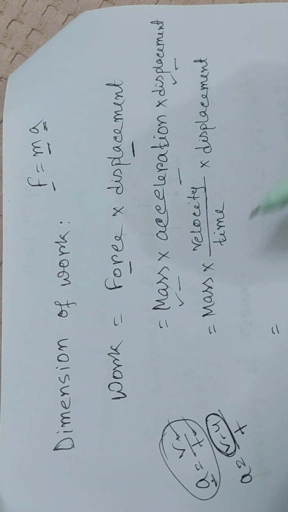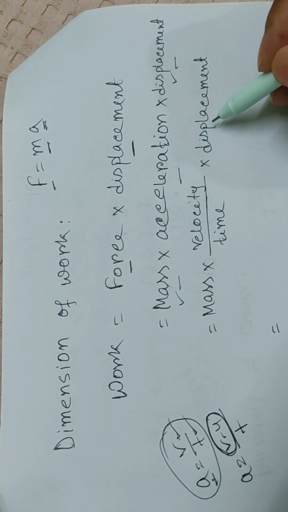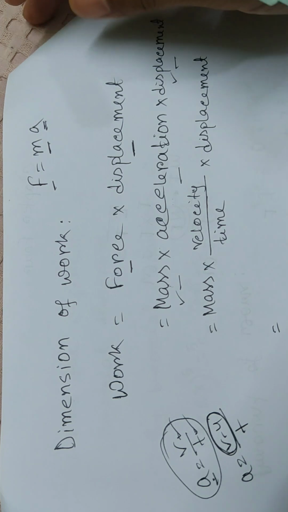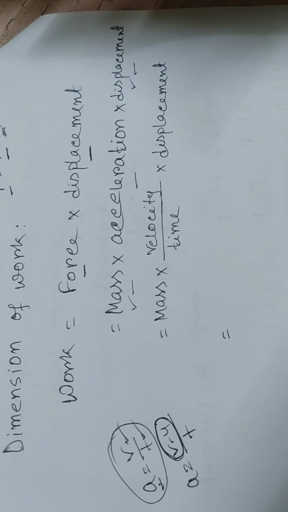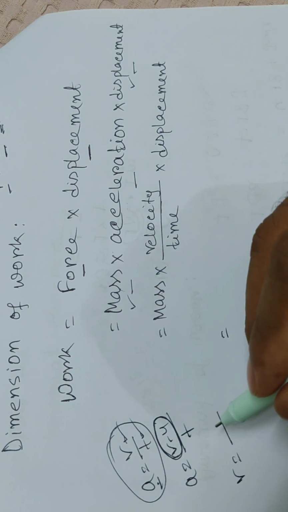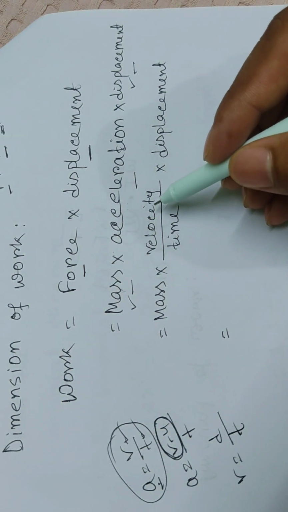Now another thing, mass, time and displacement are all fundamental quantities, but velocity is also a derived quantity. And we have learned that velocity is equal to displacement by time. So instead of velocity we can write displacement divided by time.